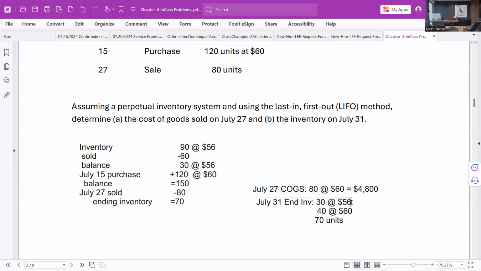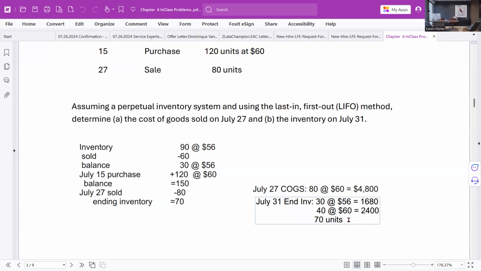Well, let's put some numbers in. Let's go ahead and extend this here. 30 at 56 is 1,680. And 40 at 60 is 2,400.